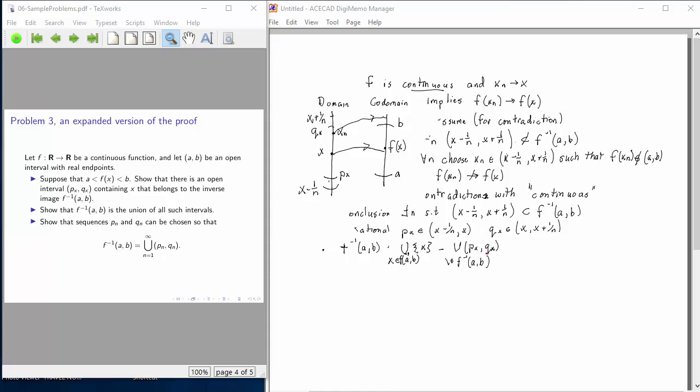And that shows that the inverse image is a subset of this union. But we also know that each of these intervals from p sub x to q sub x is in the inverse image, and therefore so is their union. And now that I've proved the inclusion both ways, I can assert that these two sets are equal.